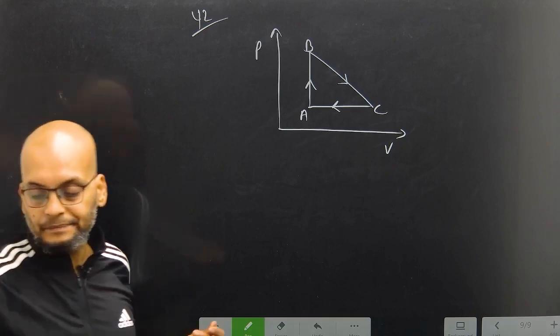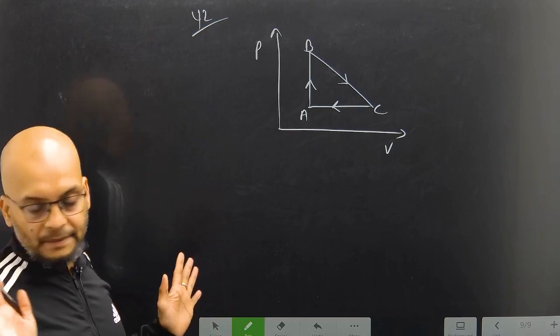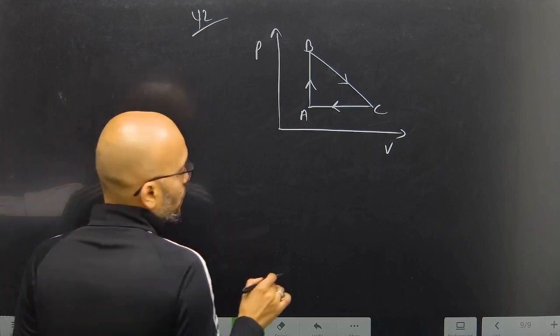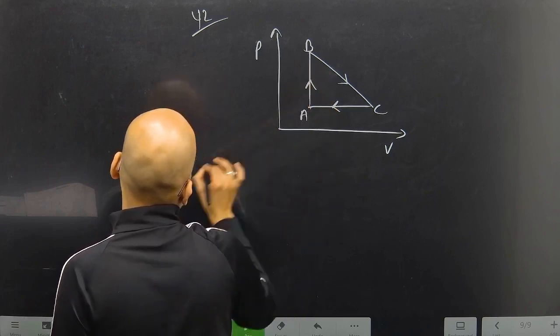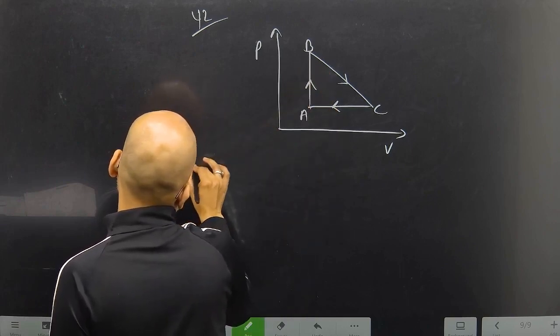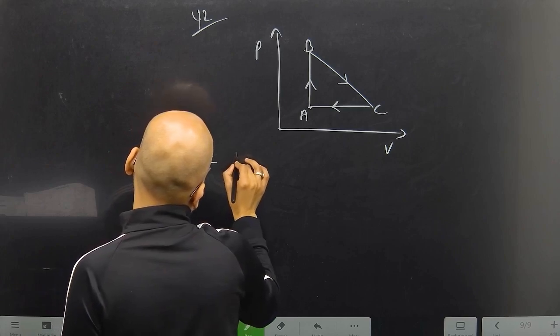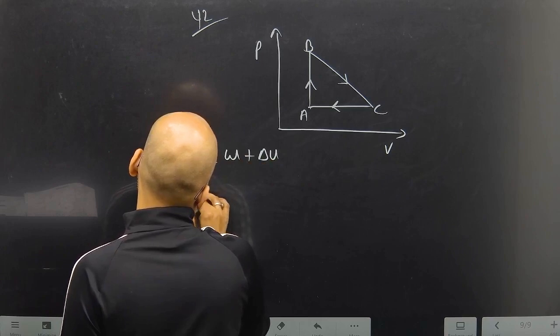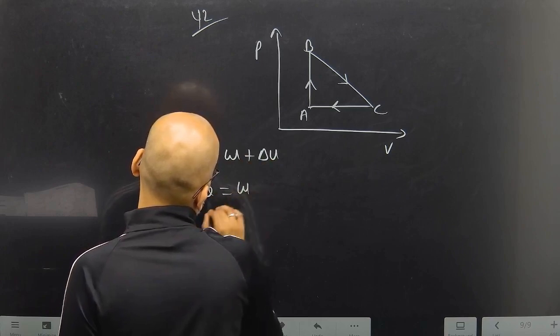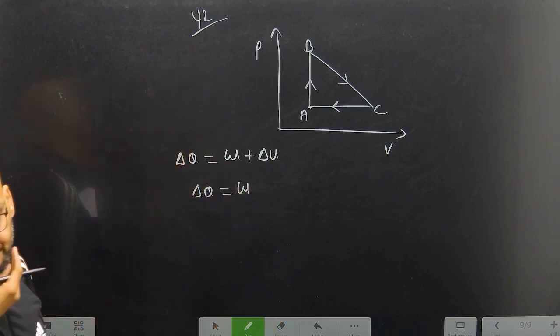See guys, for BC pay attention. We all know it is a closed system, so again delta Q will be equal to W plus delta U, and delta U is 0, so delta Q is equal to W, yes or no?